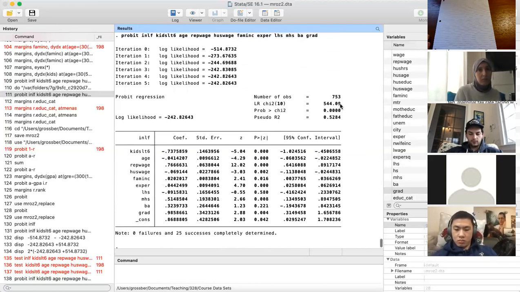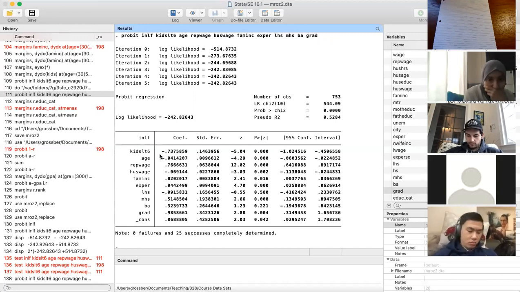The output that we get tells us the number of observations, a pseudo R squared, a sort of measure of goodness of fit, how well the data fit the regression that we've just estimated, and the value of the log likelihood function. If we come down to number of kids less than 6, we can see that it has a negative coefficient, which means that as the number of children less than 6 increases, the likelihood of being in the labor force goes down, but we can't interpret this directly.